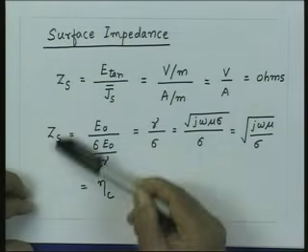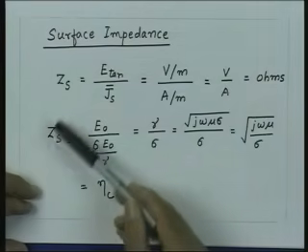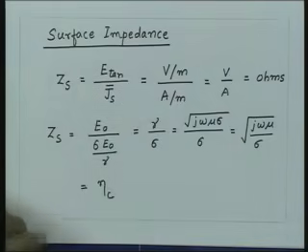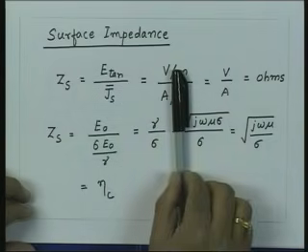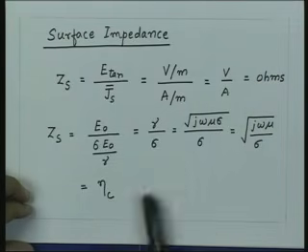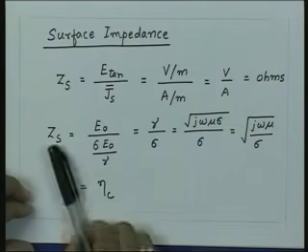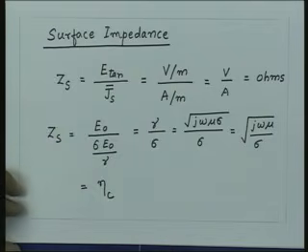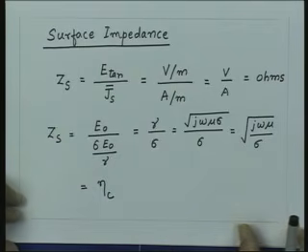However, we will see later that the surface impedance concept essentially is used to calculate the power loss. So if I know the tangential component of the electric field, and if I know the conductivity, I can calculate the intrinsic impedance of the medium, and that quantity will be the same as the surface impedance.